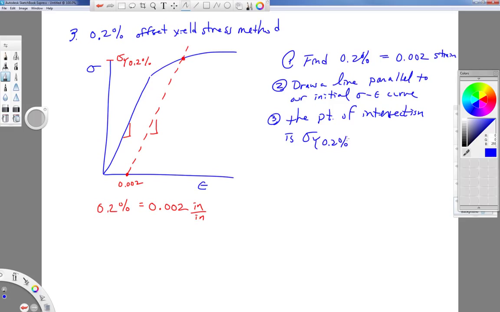Now, while we're here, we should talk about a couple other terms associated with stress strain curves. And one of them is called the modulus of elasticity. This slope has that special name of the modulus of elasticity. In the straight line portion that we see for a lot of materials, metals in particular, there's a certain change in stress per change in strain.